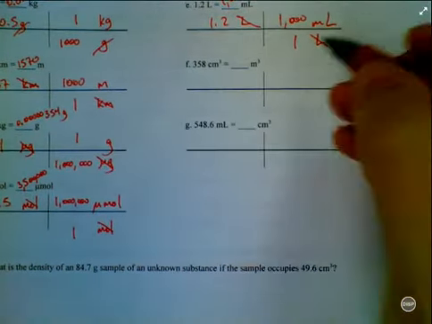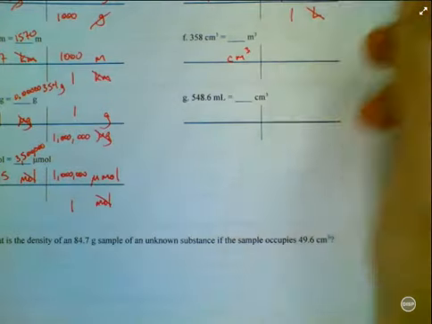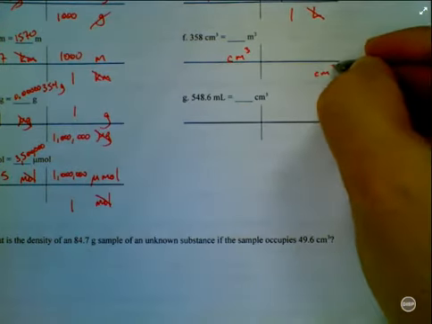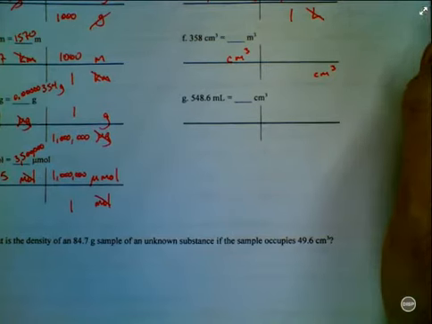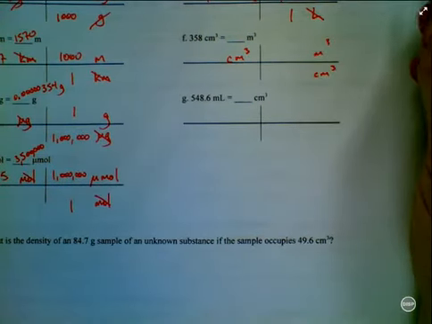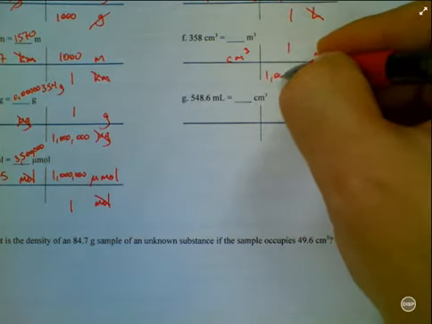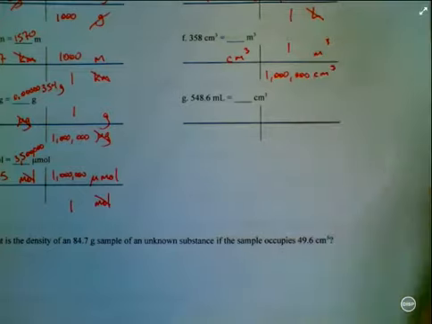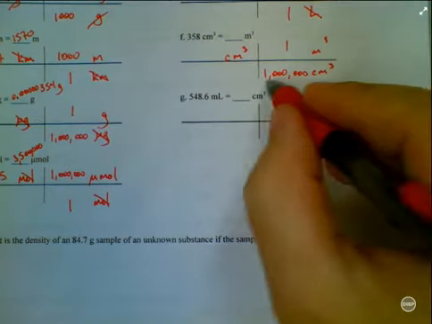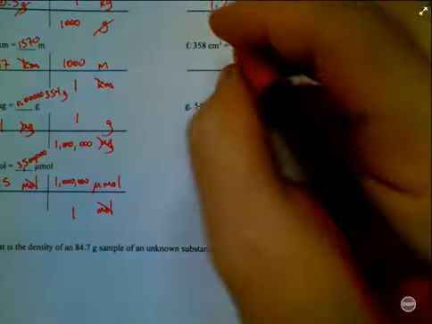Oh well. Next up, we have cubic centimeters. I know I want to get away from cubic centimeters, so I'll put that on the denominator there. My unit that I want is cubic meters. Remember, we had some issues on the worksheet here. 1 meter cubed is actually equal to 1 million cubic centimeters, so keep that in mind.